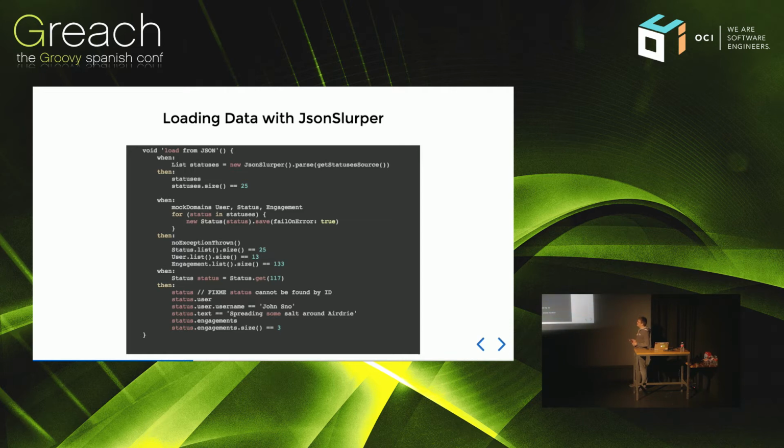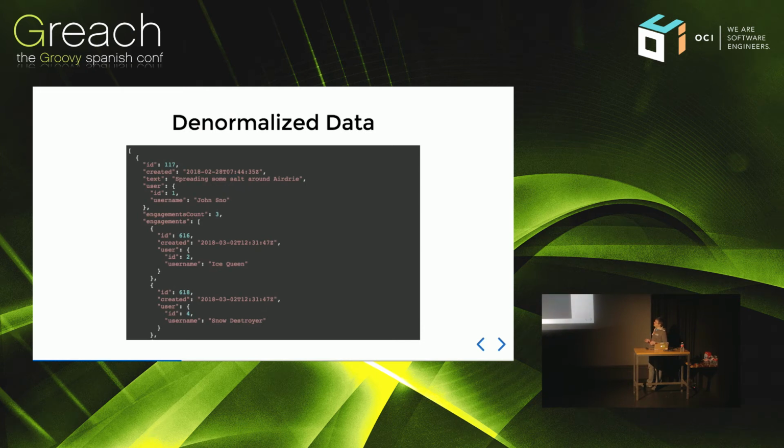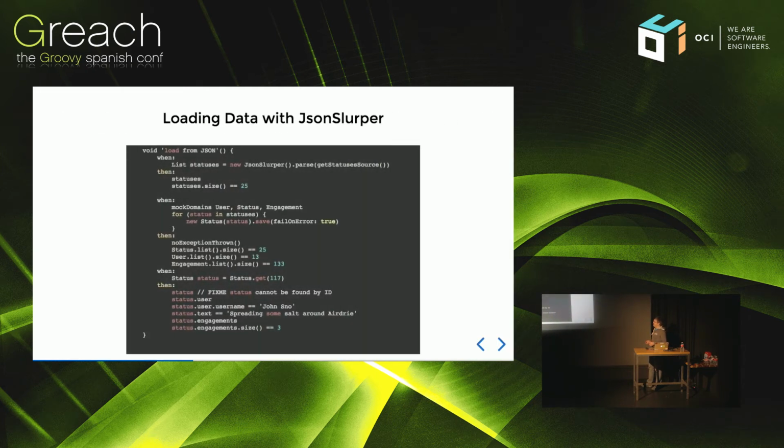And OK, so if you save it, it will actually load not just the statuses, but also the users and the engagements. But then if you want to find one of the statuses which was present in the JSON before, so you can see it was 117, it fails.